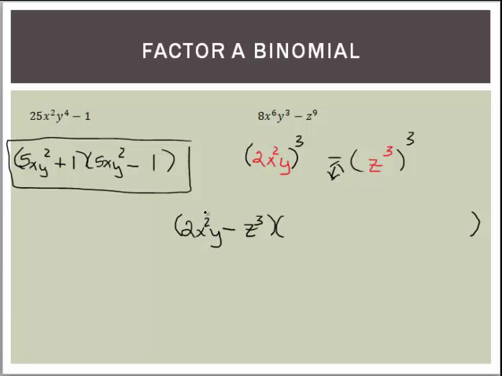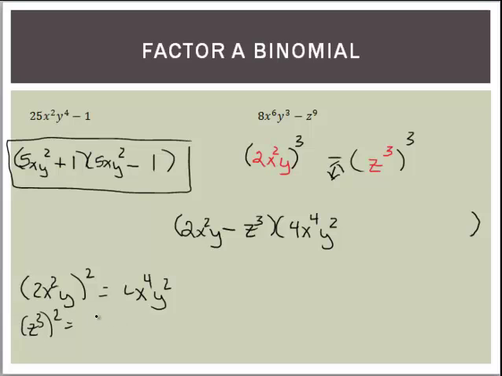Now, you take the first one, or whatever you cube to get the first term, and you put it here and you square it. What is 2x squared y all squared? It's going to be 4x to the 4th y squared. So that's what you put here. What do you get when you square z cubed? You get z to the 6th.